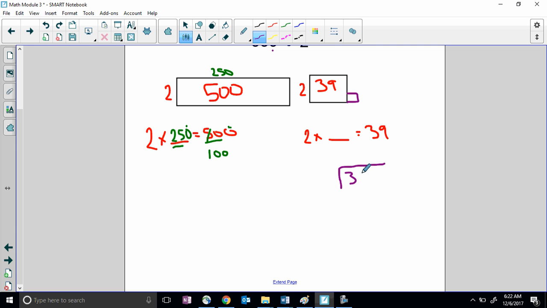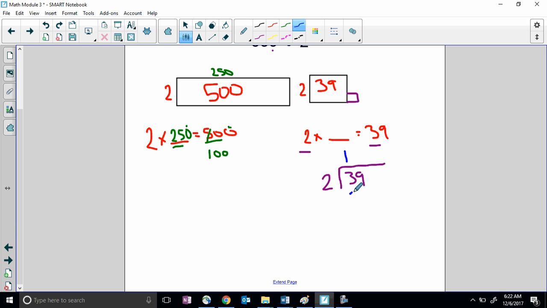We could also do the place value chart because of this 3, it being bigger than the 2. So we're going to put our 2 here. 2, let's count by 2 so we get as close to 3 as possible. 2, well, that was easy. Any more I'd go over.